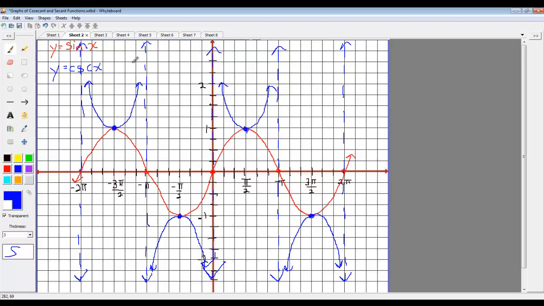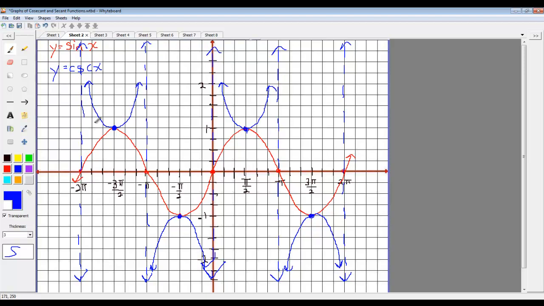Okay, so now you can see why the domain is all real numbers except integer multiples of pi, because the vertical asymptotes are negative 2 pi, negative pi, 0, pi, 2 pi. You can keep going with integer multiples like 3 pi, 4 pi, 5 pi, and you're going to see vertical asymptotes.